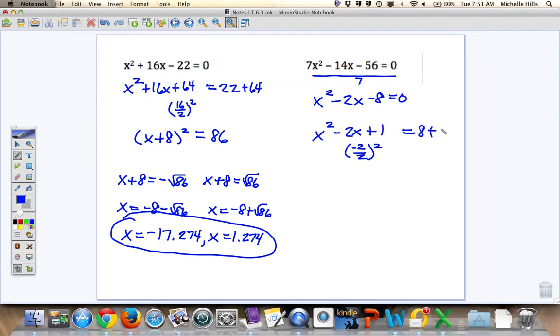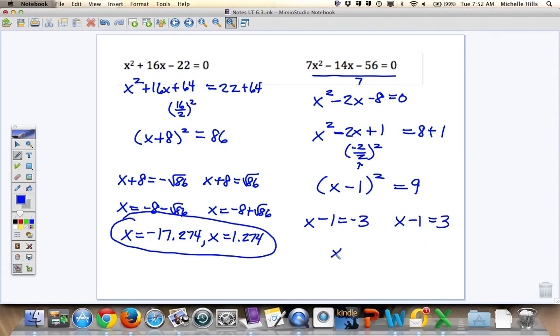I'm going to add 1 to both sides. Now be careful, this is the number I'm looking at. So x minus 1 squared would give me x squared minus 2x plus 1 equals 9. Square root both sides and set up my two equations. So x minus 1 would equal negative 3, and x minus 1 would equal positive 3.